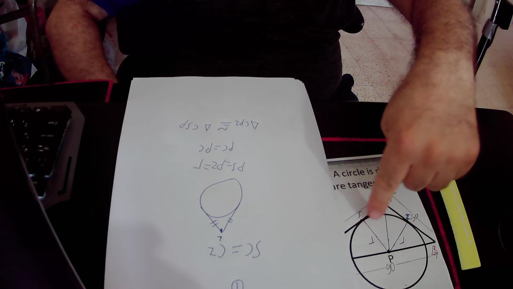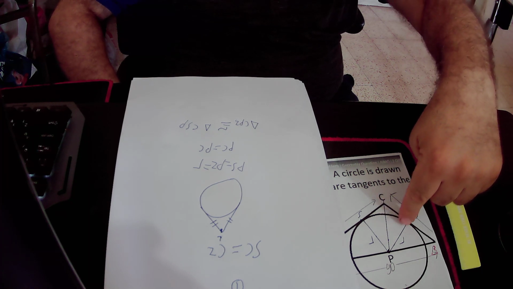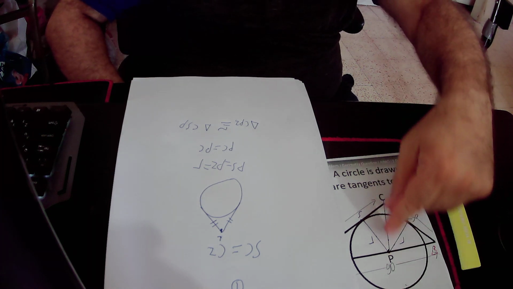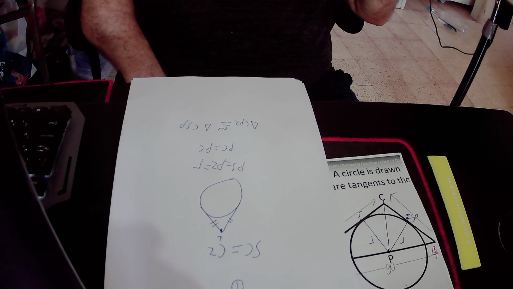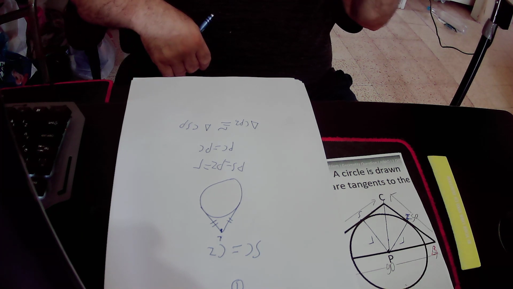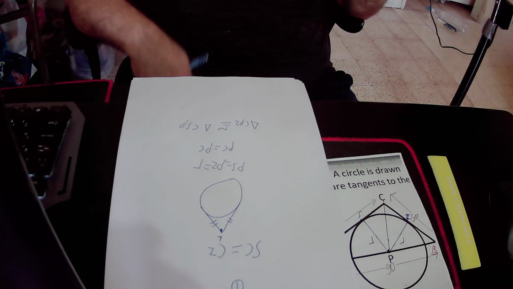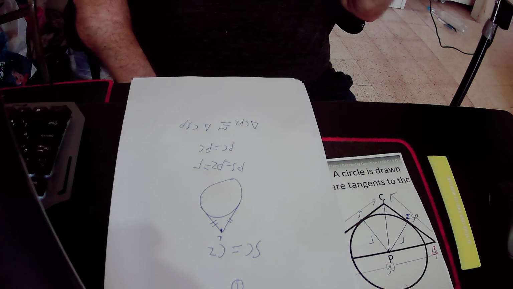This side of this triangle equals this side of this triangle. And this side equals itself. So we have two triangles with three equal sides, and for that reason they are congruent to each other.